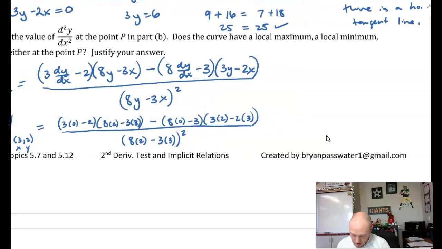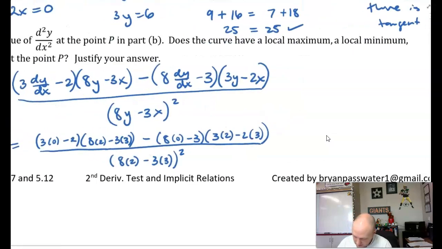Okay, so we're going to have to clean up. This is where your computation comes in handy. 3 times 0 is 0, so we have negative 2 times 16 minus 9, which gives us 7.